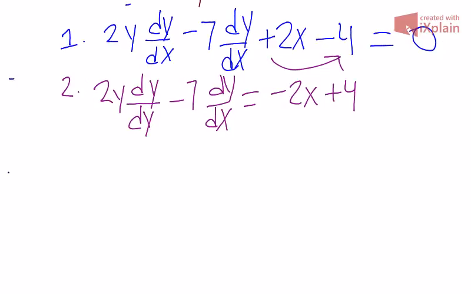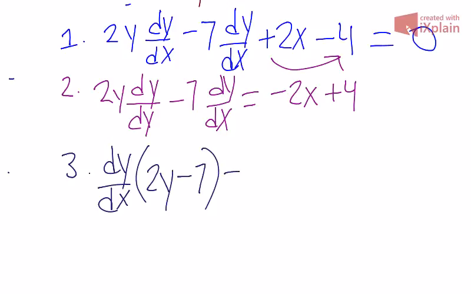So following this, we can go ahead and factor out our dy over dx, which becomes 2y minus 7 equals negative 2x plus 4. Minus 7, sorry.